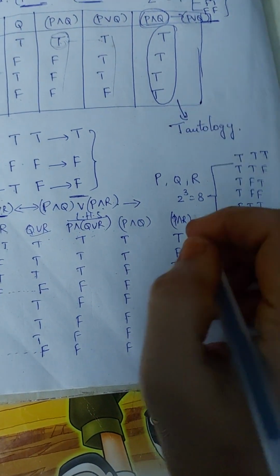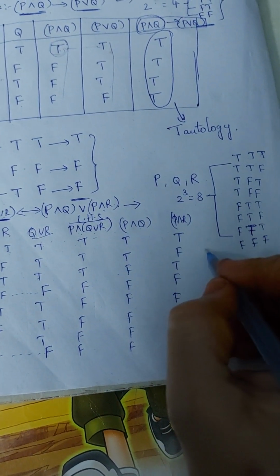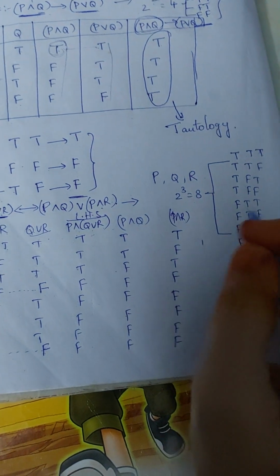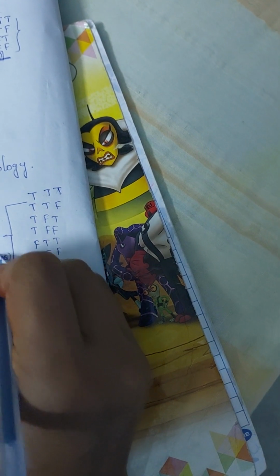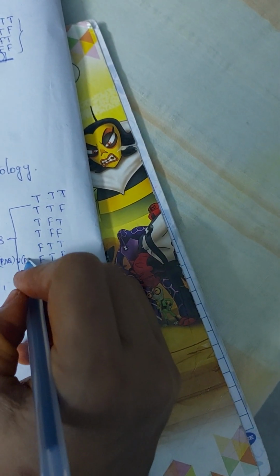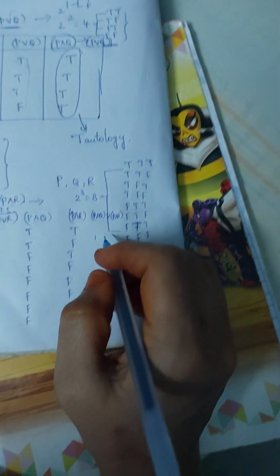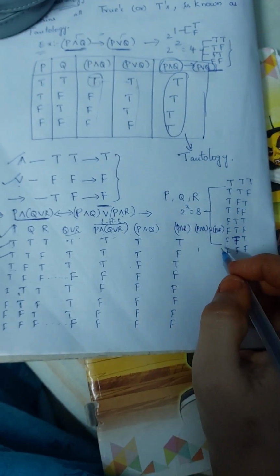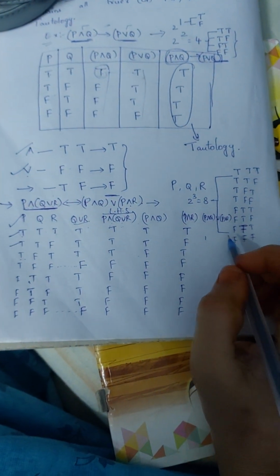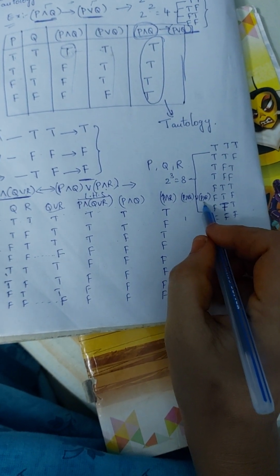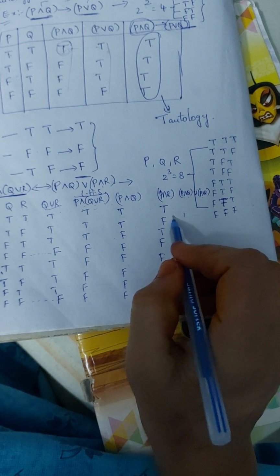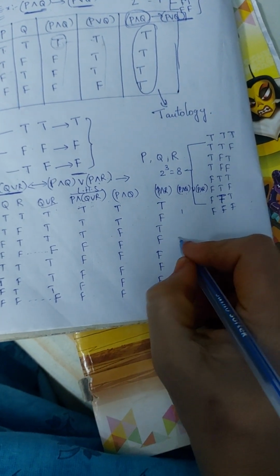And then find in between P and Q. It is not having enough space for me to write this: P and Q or P and R. So here we can write like this: P and Q or P and R. In between these two we need to apply the or.